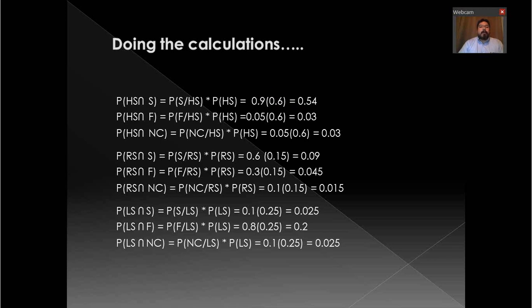We do the same for the other intersections, and we have all these calculations that represent every intersection that we need. But we are just halfway to finding the probabilities that we need.